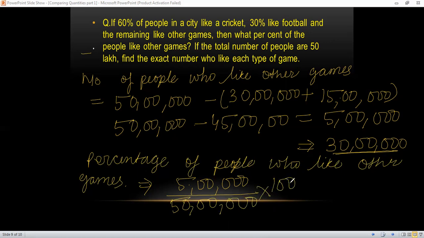For finding the percentage, we multiply the fraction with 100. So the zeros will get cut. So we will get 10%.